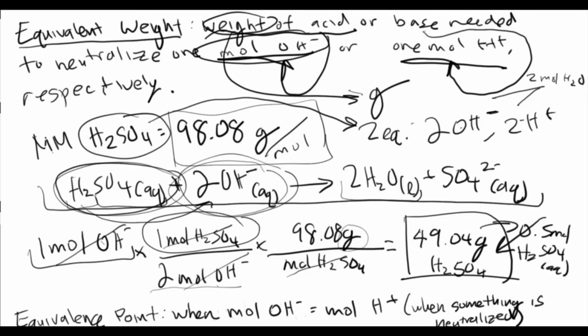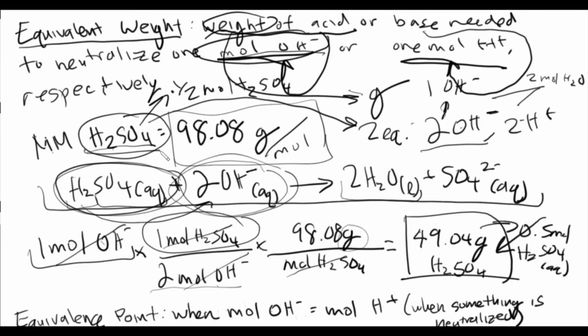So you might have noticed a little shortcut. If we have to neutralize 1 mole of OH minus, and we know that 1 mole of H2SO4 can neutralize 2 moles of OH minus, then we wouldn't need 1 mole of H2SO4, we would need half a mole of H2SO4, since we're just scaling everything down.